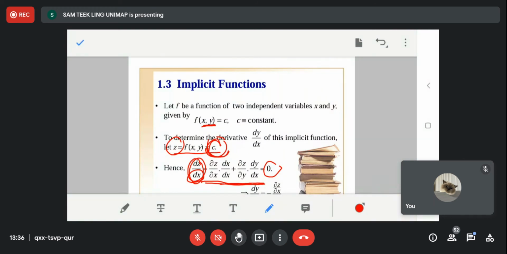When you differentiate a constant, you will get 0. This is why your right hand side equals 0, because it is a constant.